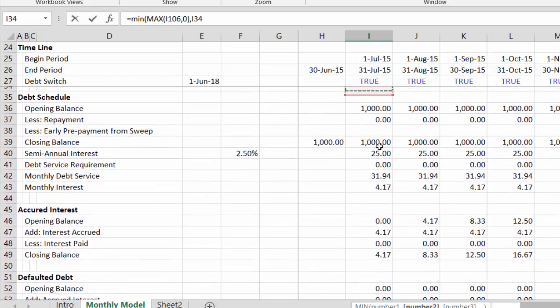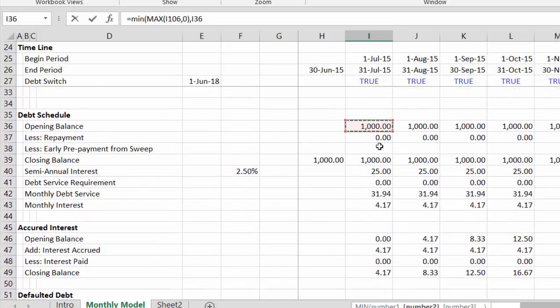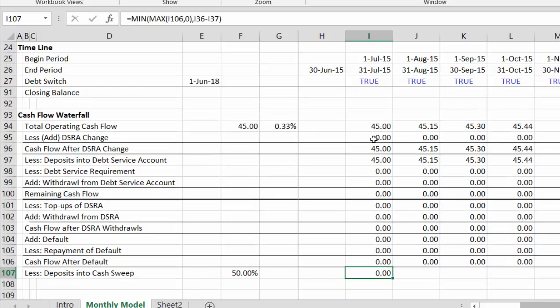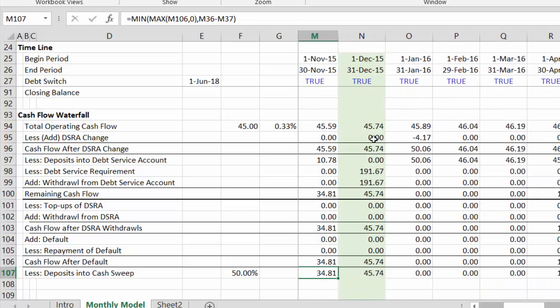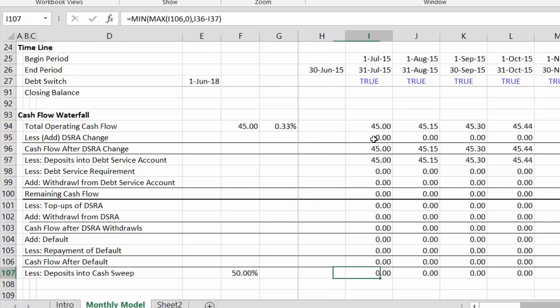And when we take the opening balance of the debt, we better subtract the amount that we paid in this period. Now, that's 100% cash flow sweep. So we've taken all this cash flow and just used it to pay off the debt early.